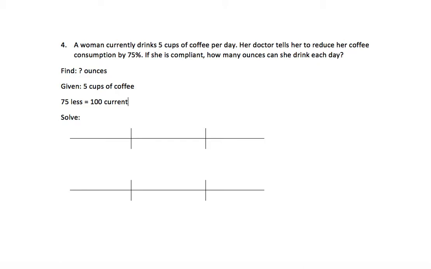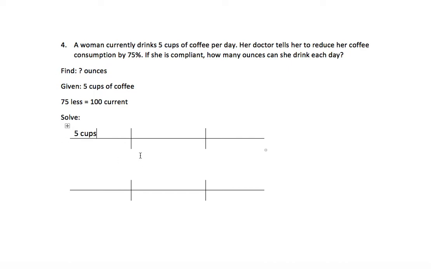the answer needs to be in ounces, but we're not given anything in ounces. We're given 5 cups of coffee. So if we start with that, 5 cups, and we want to know, for starters, how many ounces she's drinking now, because we're going to have to get our answer into ounces at some point.